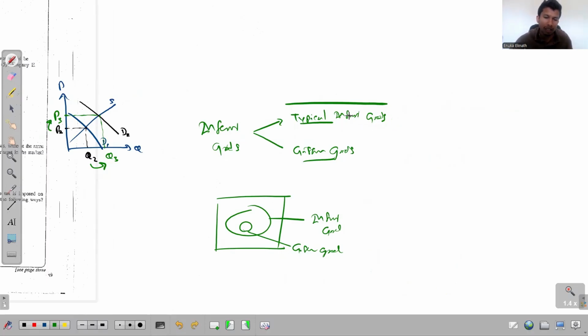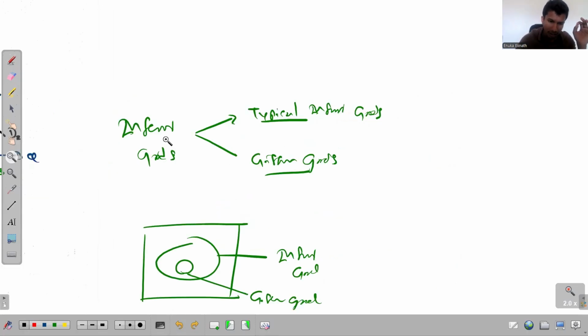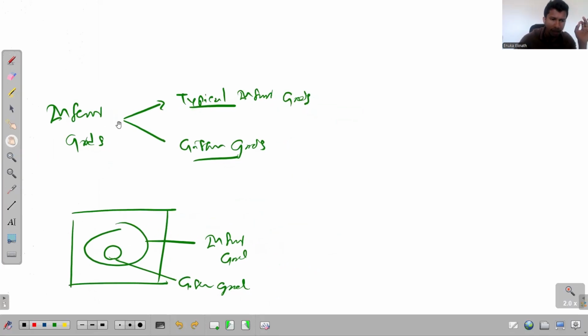So what's the difference between a typical inferior good and a Giffen good? There is a small difference. If it's a typical inferior good, yes, the income elasticity of demand will definitely be negative. Why do I say that?